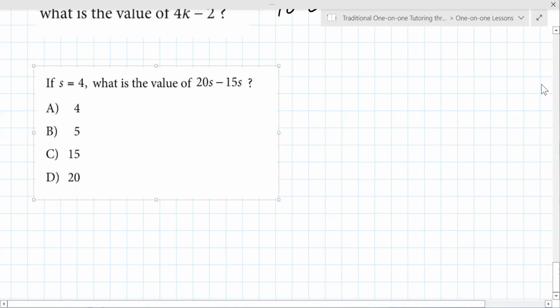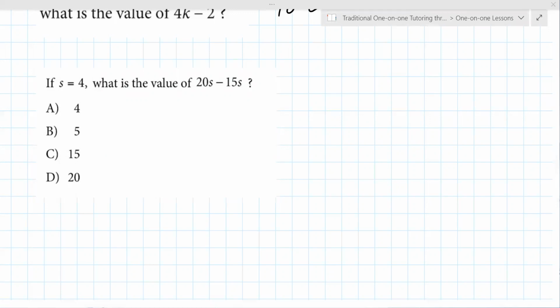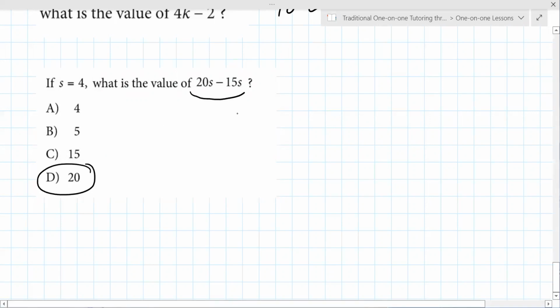I'm getting to that. It's D. It is D. Now a shortcut here is to actually subtract these because they're like terms. And then 5 times 4 is 20.